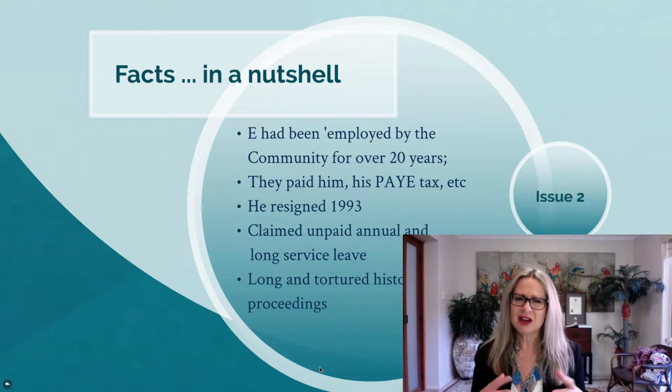So you have your first little possible hint that this might be a contractual relationship rather than a non-contractual relationship. There were other indicia as well. Homogeneous resigned in 1993, so like I said, more than 20 years worth of service.